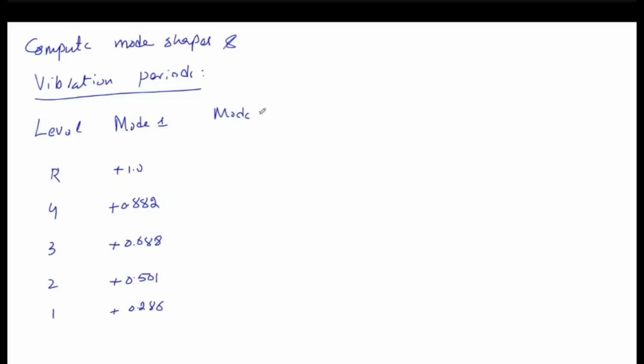Similarly for mode 2, it's again plus 1 here on the 5th floor, plus 0.43 on the fourth floor, then minus 0.594, minus 0.839, and minus 0.645 on the first floor.